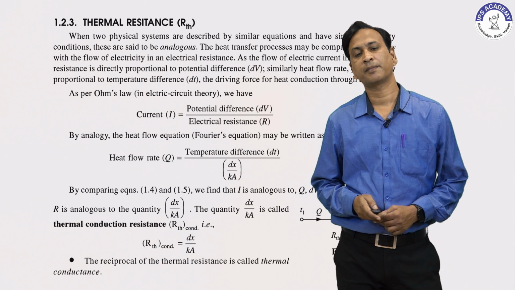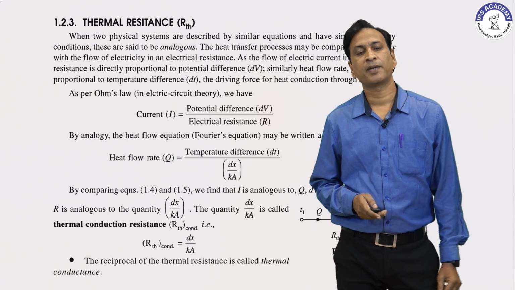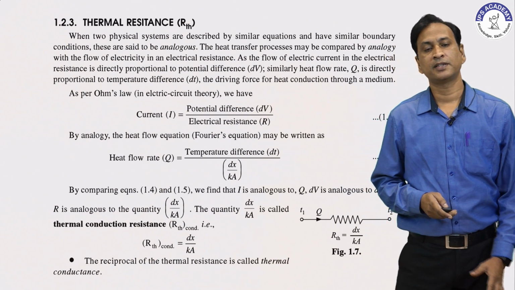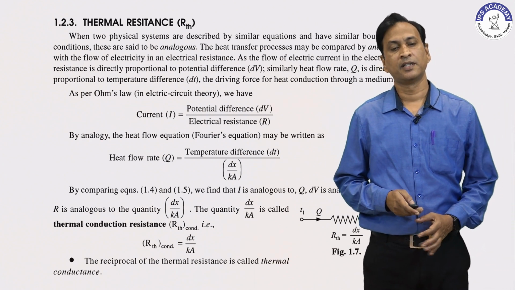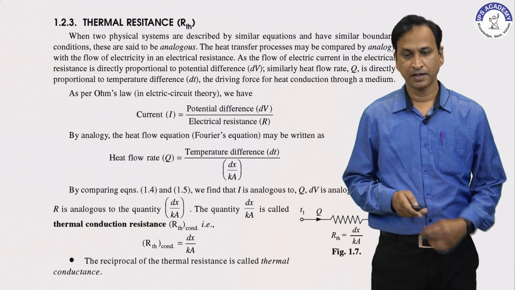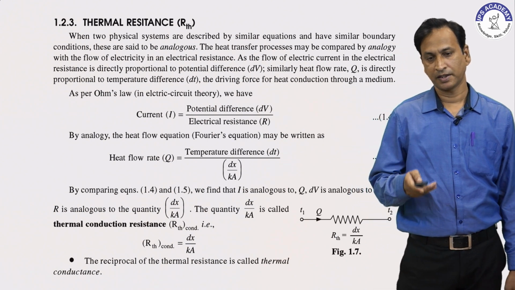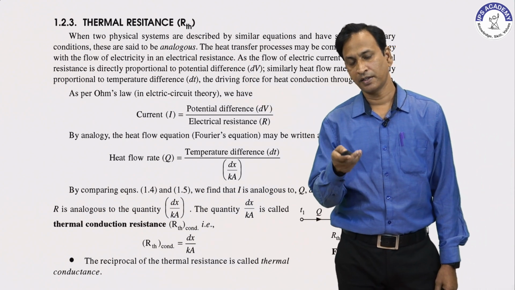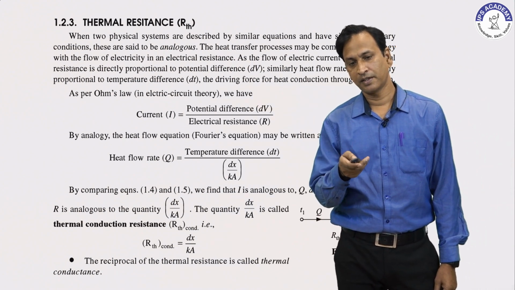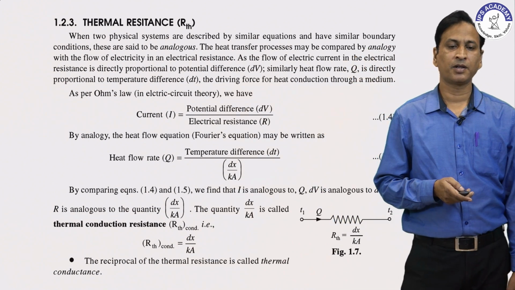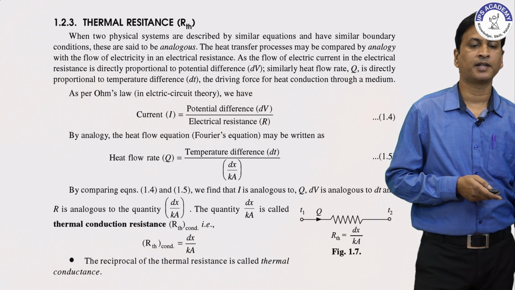The quantity dx upon KA is called the thermal conduction resistance, denoted RTH conduction, which is dx upon KA. Figure 1.7 shows the temperatures T1 and T2 and the heat flow, and the resistance can be denoted RTH equal to dx upon KA. The reciprocal of the thermal resistance is called the thermal conductance.